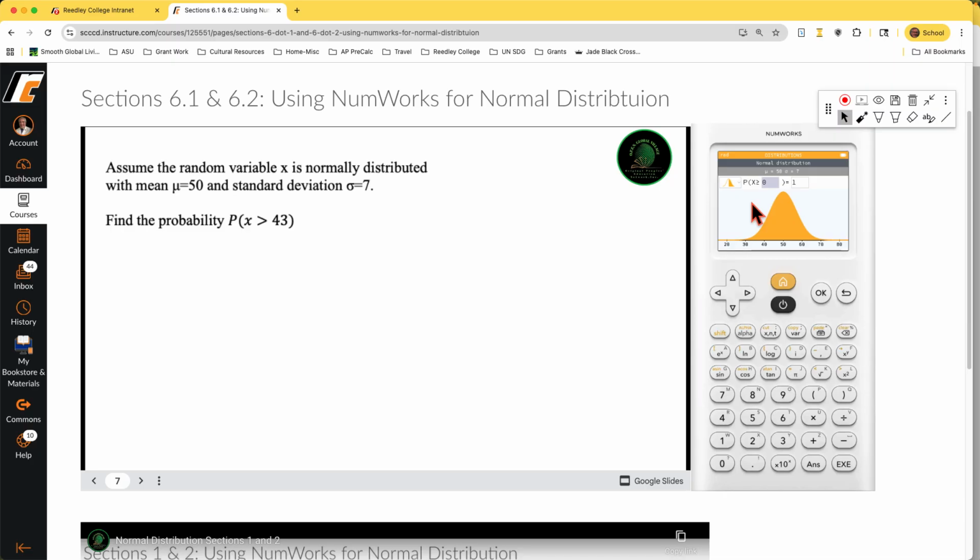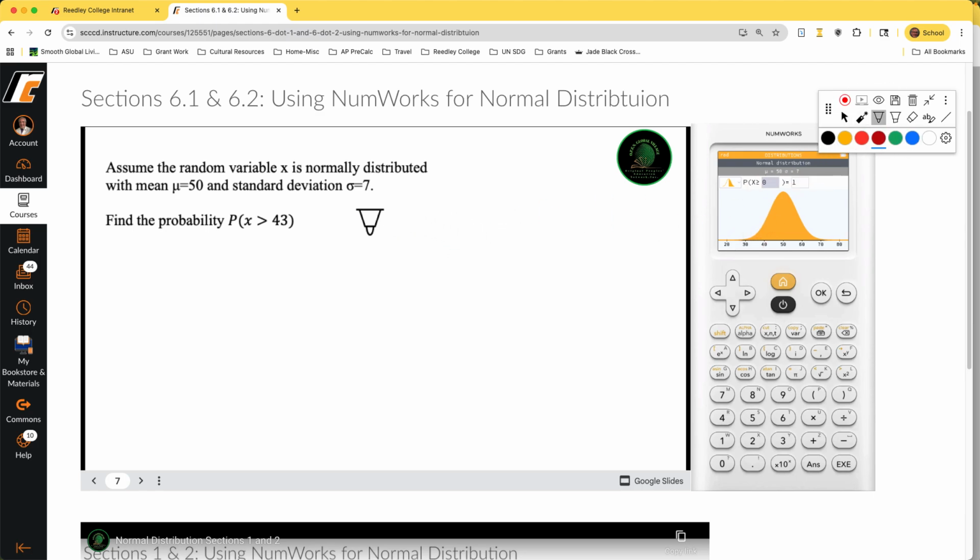If you watch the video I talked about, they're usually just saying greater than 43. The thing is, as I said, being equal to 43 is actually a 0 probability when we talk about continuous data, because a line has no width. So even if they're asking x greater than 43, it's really the same.